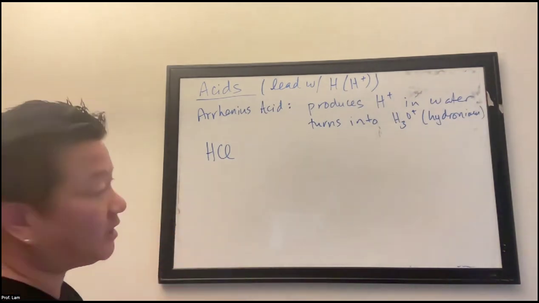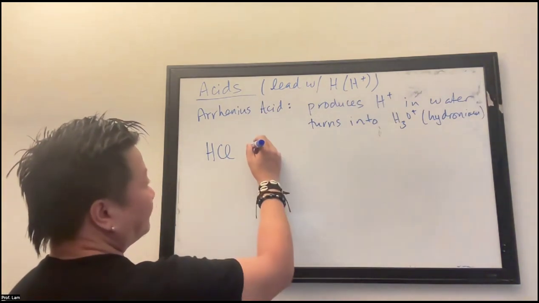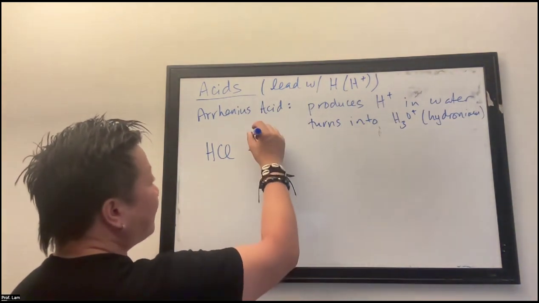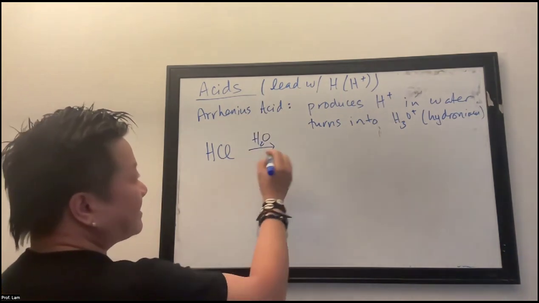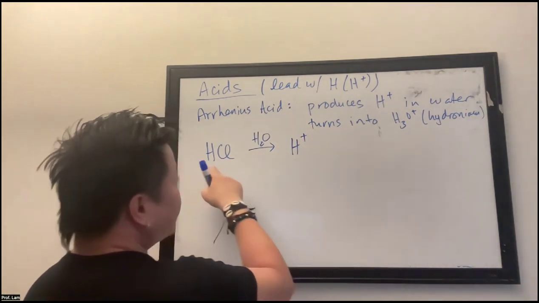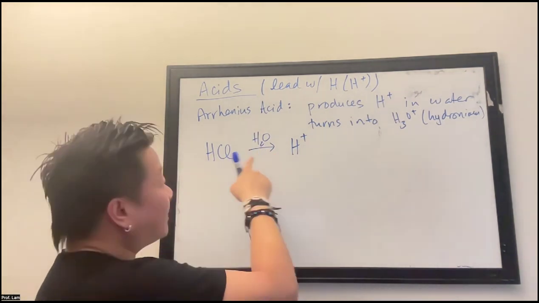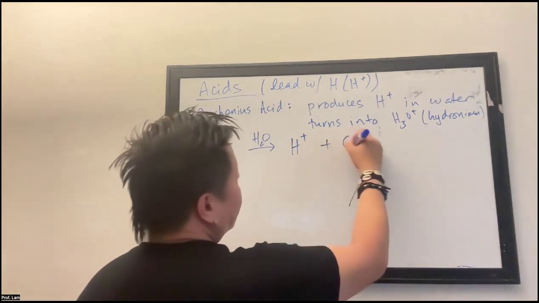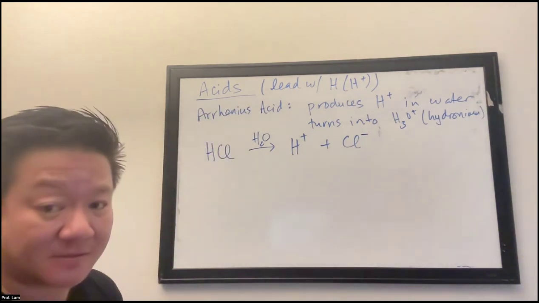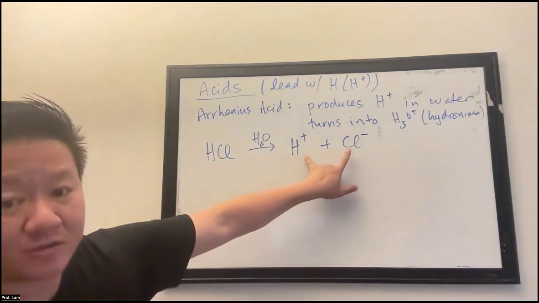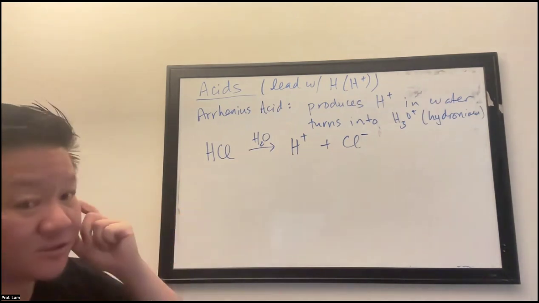So if you have HCl and you put it in water, it's going to dissociate to become H plus, remember that H is always the proton, and then the Cl is minus. And so that's why it's neutral, right? H plus and a Cl minus, and it's neutral.